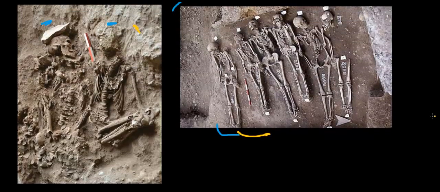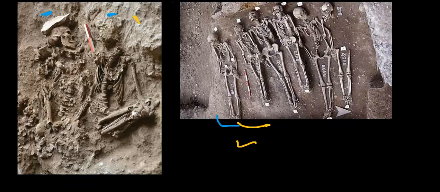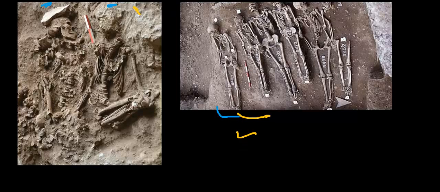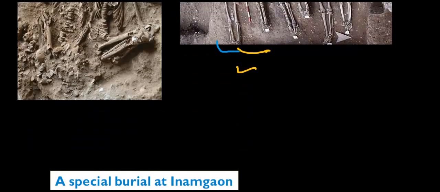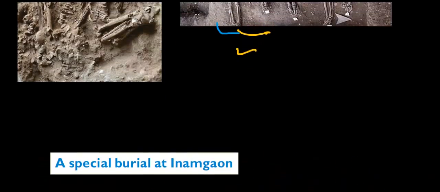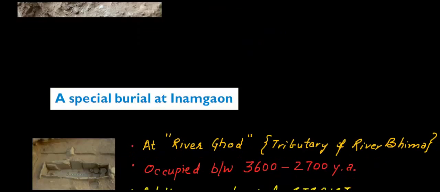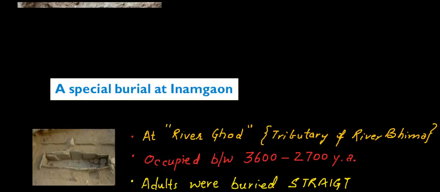So it is probable that in those times, the family used to bury the dead in the same pit, maybe days later or months later, whenever someone passed away. There was a special burial at Inamgaon, as we have discussed earlier.